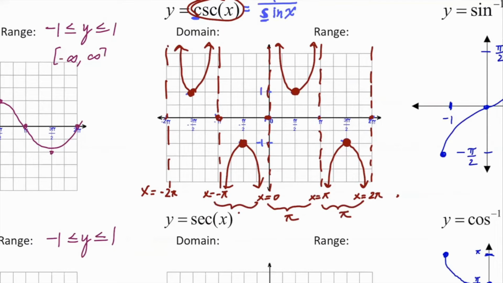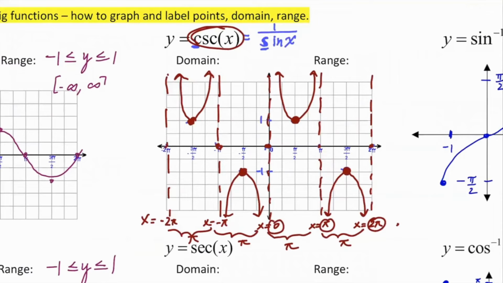It could start anywhere. You could start at 0, pi, or 2 pi. It doesn't matter. What is the first asymptote that you see on your graph? That's up to you.